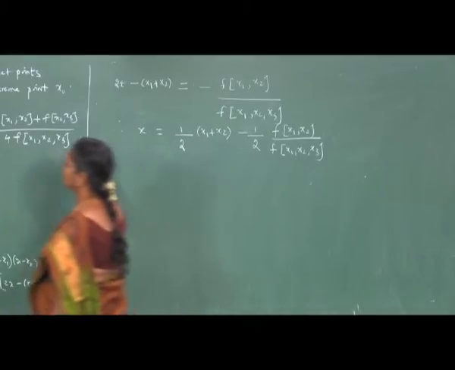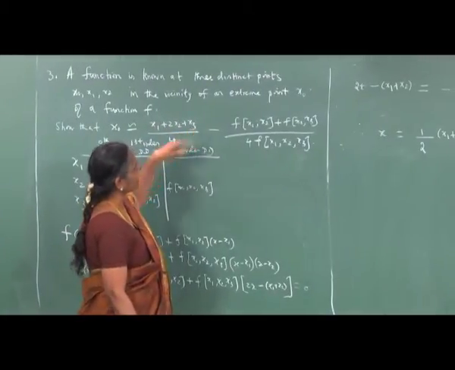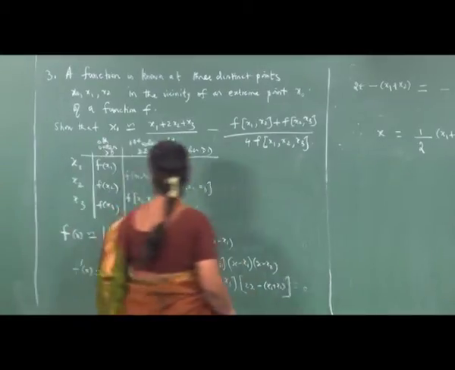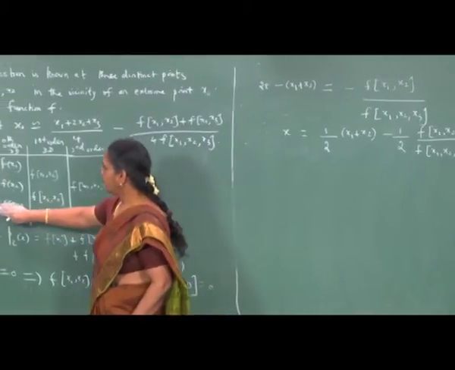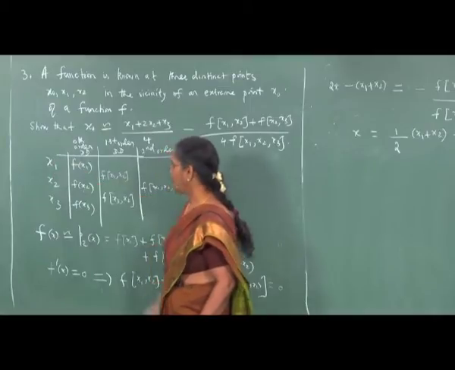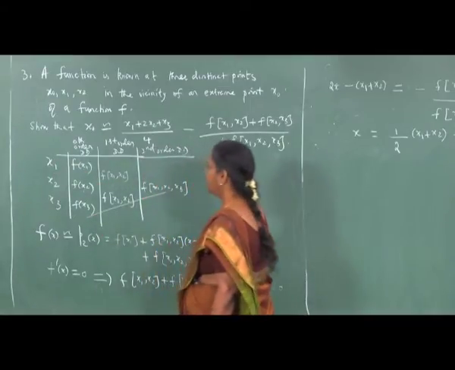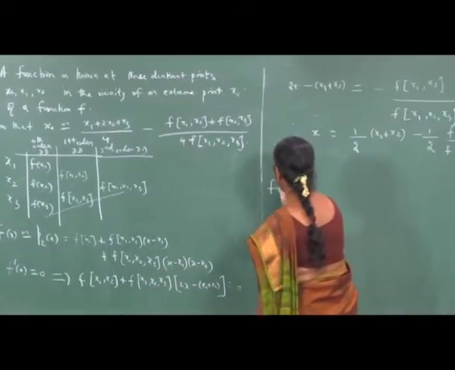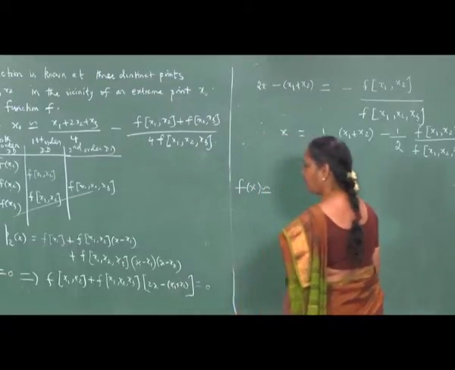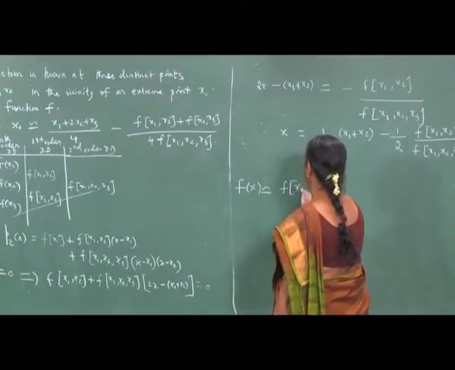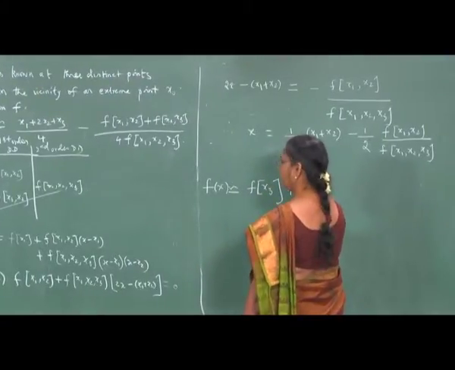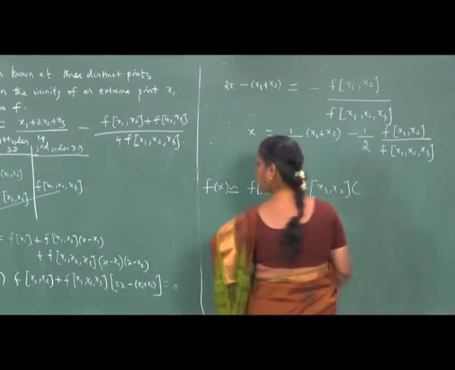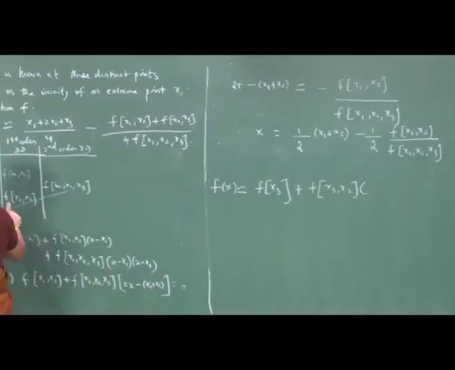But when we look at the result, it also involves information at x3. So, I write down the interpolating polynomial again by looking at the set of values x2, x3, x1 and taking information along this diagonal. So, my interpolating polynomial that interpolates the function f of x can also be written as f at x3 plus f of x3 x2 multiplied by, so what should be the factor there?